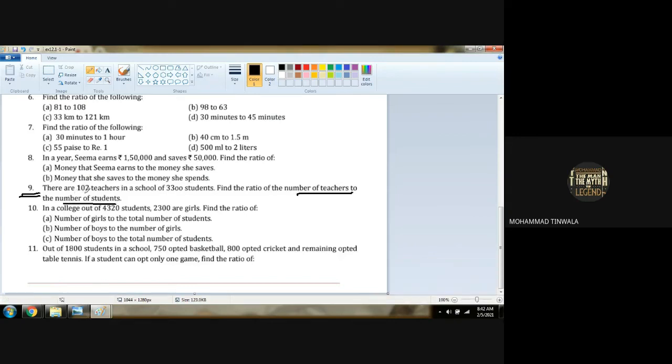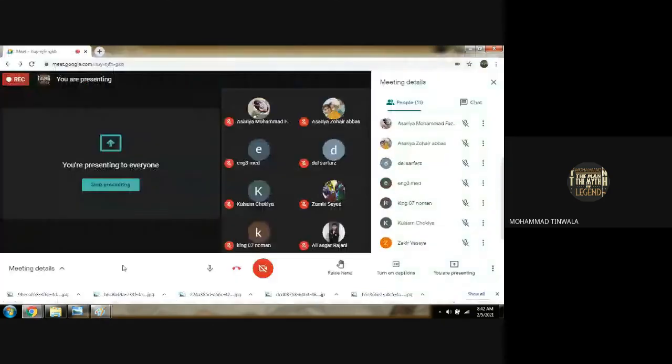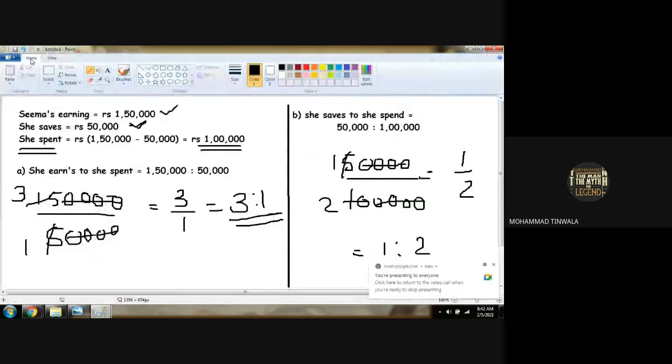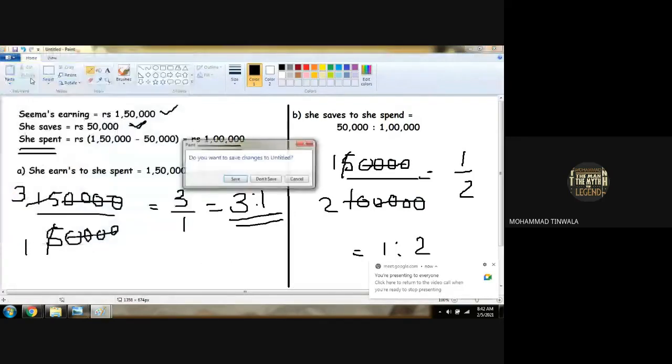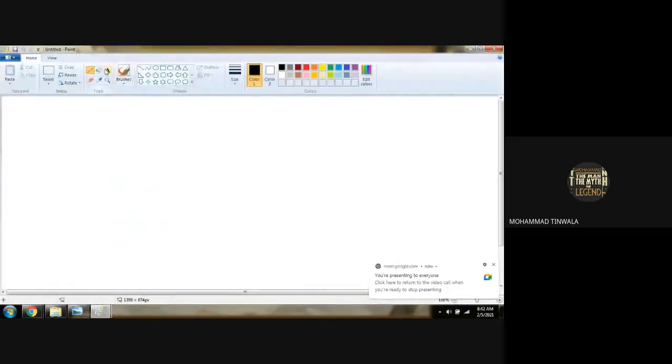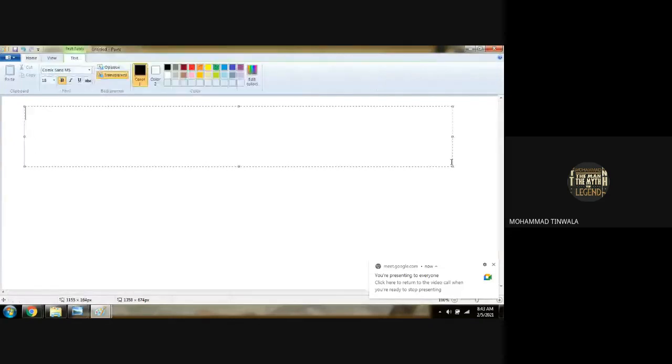The number of teachers is 102 and the number of students is 3,300. Chalo. We will find the ratio of number of teachers to number of students.